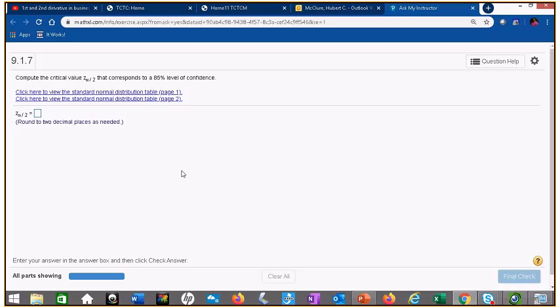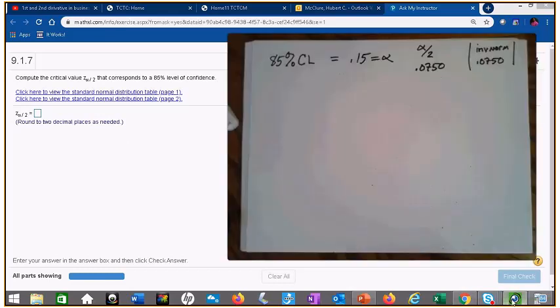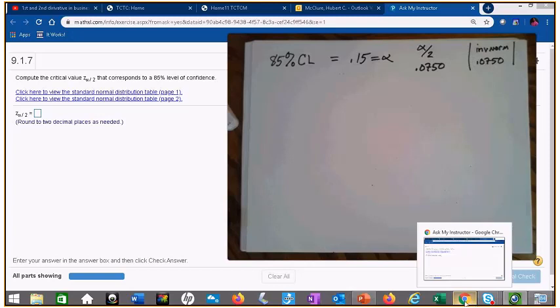So look up inverse norm of 0.0750, and that's going to give us an absolute value z-score. This is what you do when they give you a number that's not on your index card.